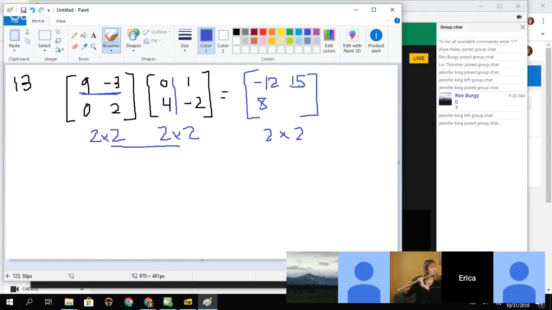And my second row, second column is going to be 0 plus negative 4, which is negative 4. Okay. So if you can do that, you should be in pretty good shape for the first part of the homework.